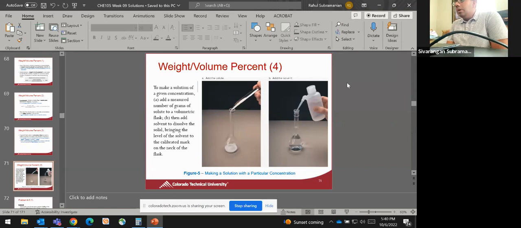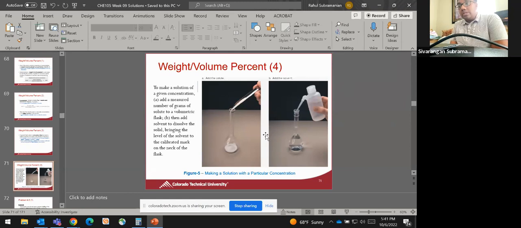Then you keep on adding until you reach that graduated mark, which is 100 milliliters. The combination of the solute and the solvent, which is usually water in this case, you keep on adding until you reach that 100 milliliter mark on the graduated conical flask. And now you have 5 grams in 100 milliliters to give you a 5% solution.